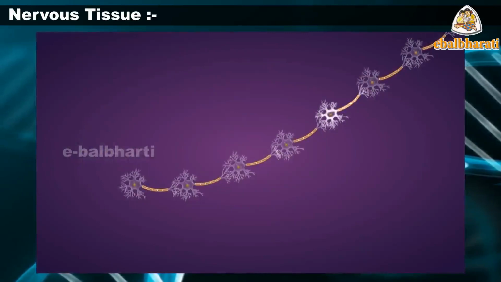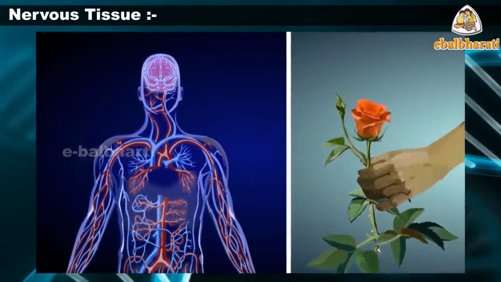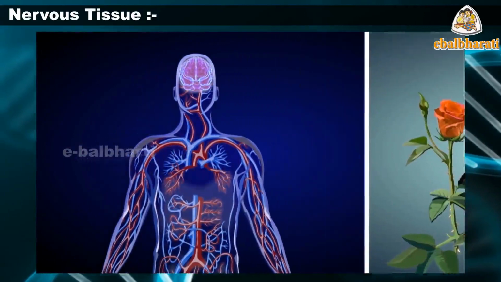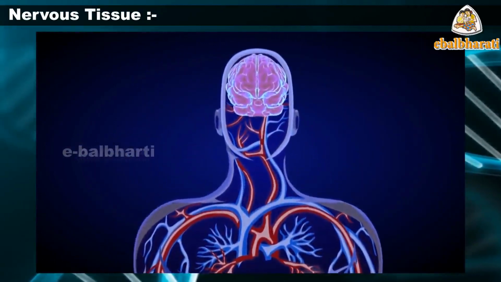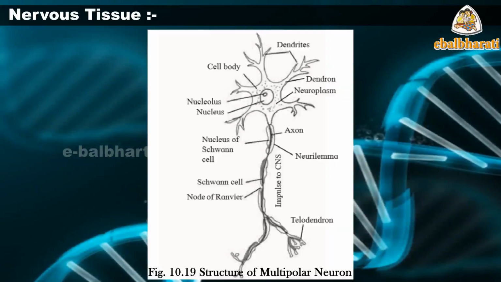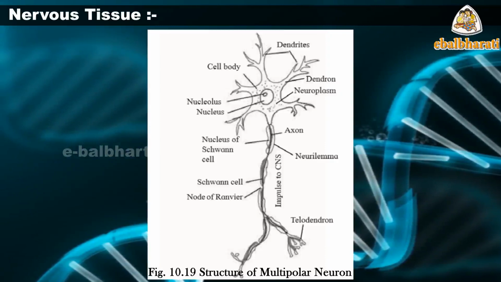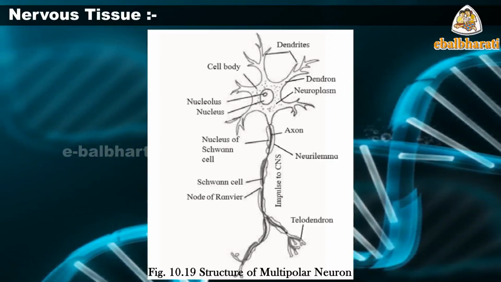A neuron is made up of the cyton or cell body. It contains granular cytoplasm called neuroplasm and a centrally placed nucleus. Neuroplasm contains mitochondria, Golgi apparatus, RER, and granules called Nissl's granules, as shown in figure 10.19.